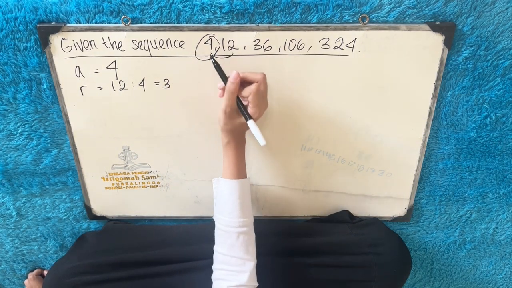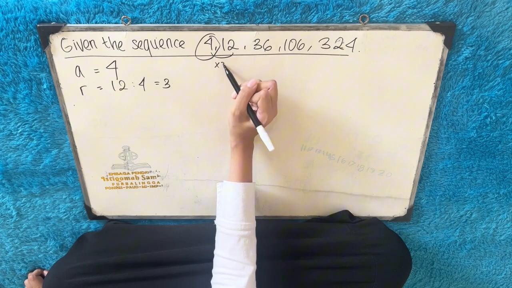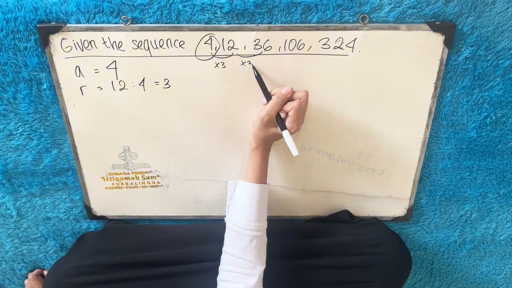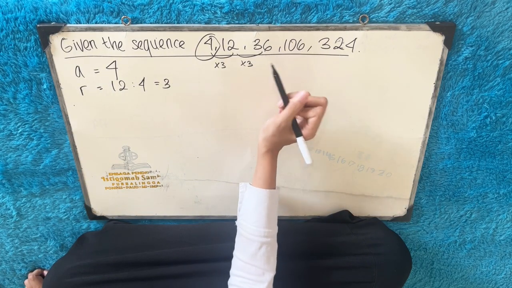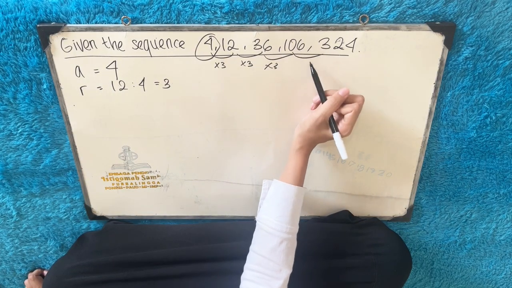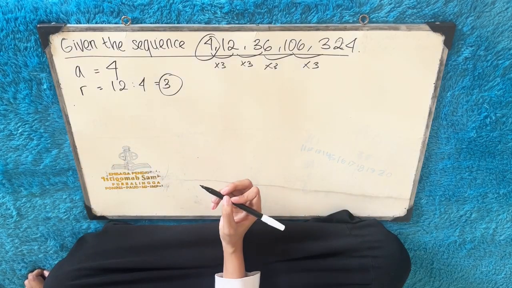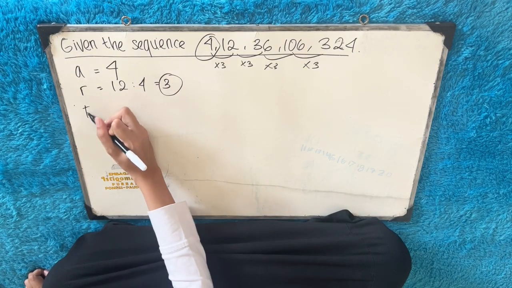So 4 times 3 is 12, 12 times 3 is 36, and so on. The ratio is 3.